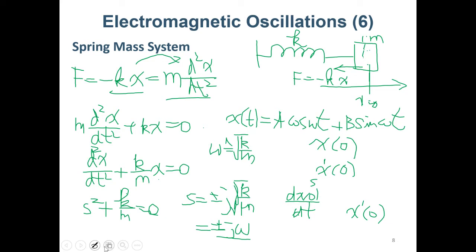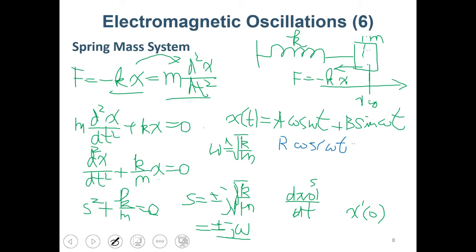But usually in the textbook we will not use this expression. Actually, they will write it as something like r cosine omega t plus or minus phi. Plus or minus is not a great issue.